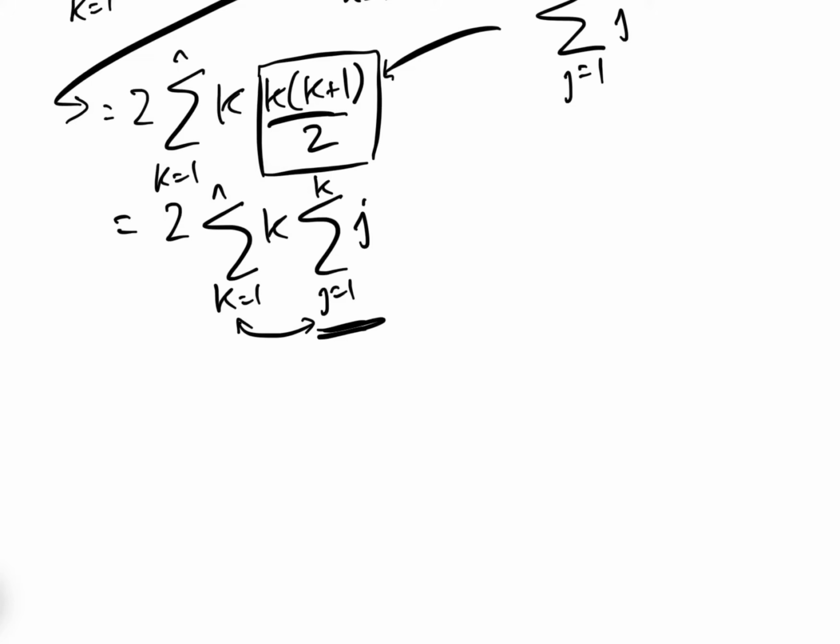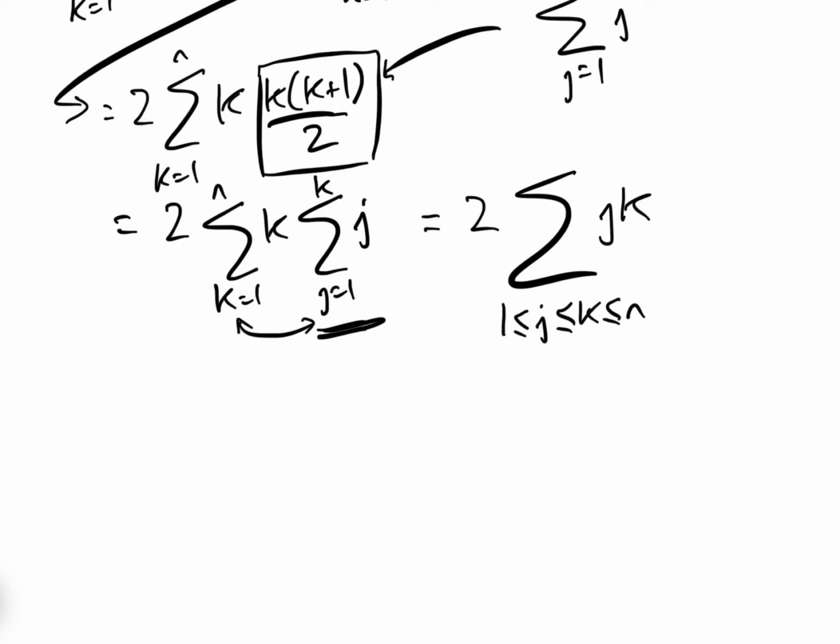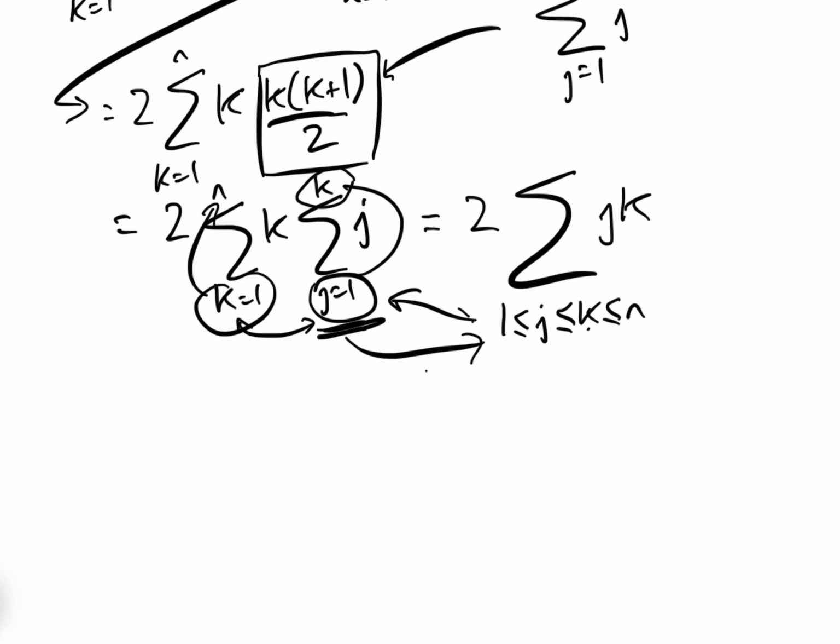What we have to do is rewrite it as the sum of jk, with 1 less than or equal to j, less than or equal to k, less than or equal to n. Let me explain that a little bit: over here, j goes from 1 to k, so j is always less than or equal to k, and k goes from 1 to n. So that is the same as this, where k is going from 1 to n, and j is going from 1 to k. So we can rewrite it like that.